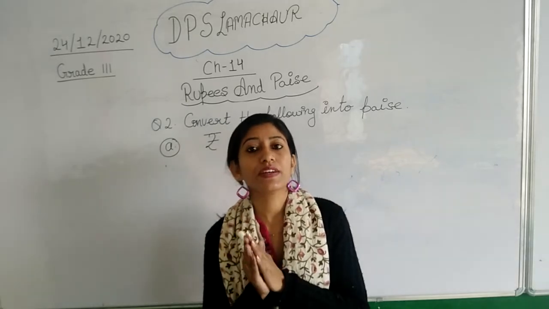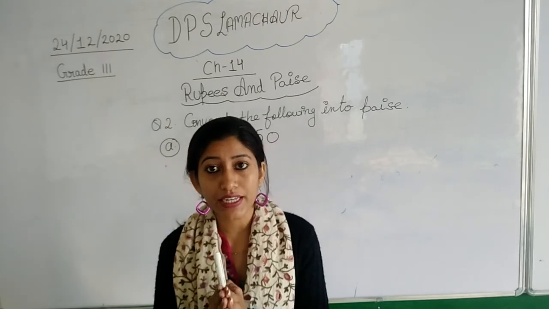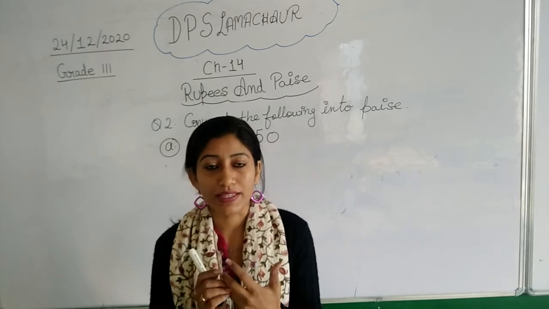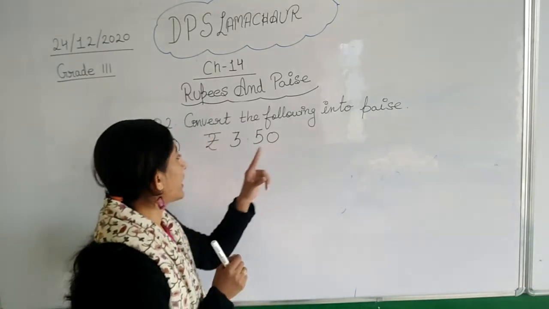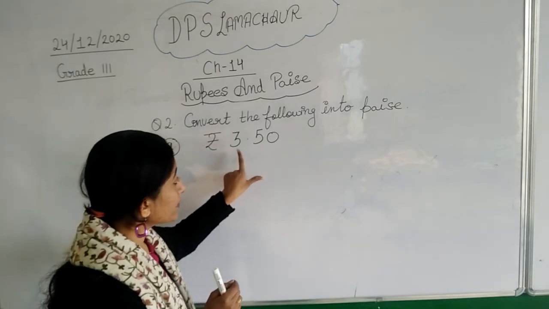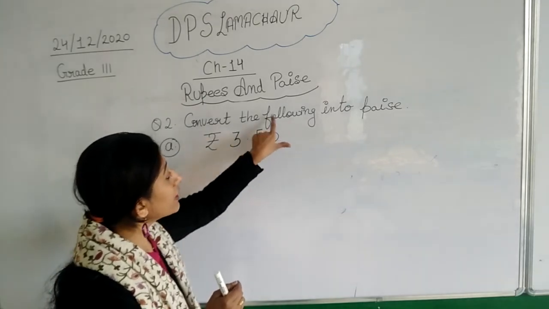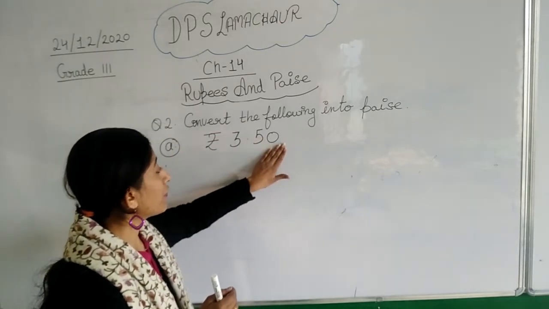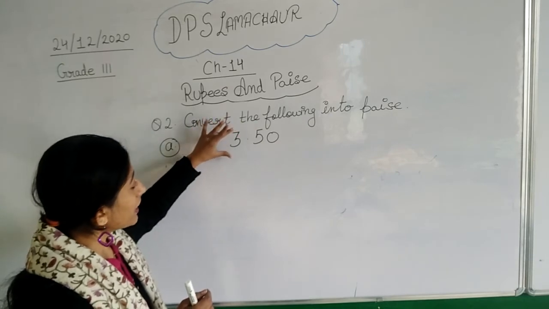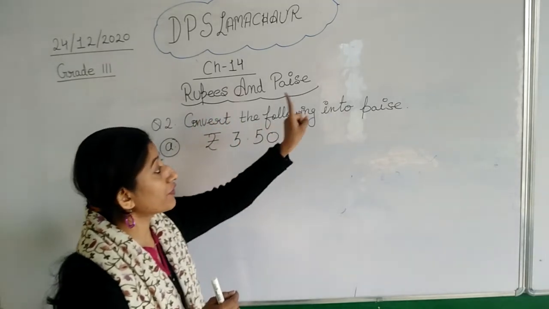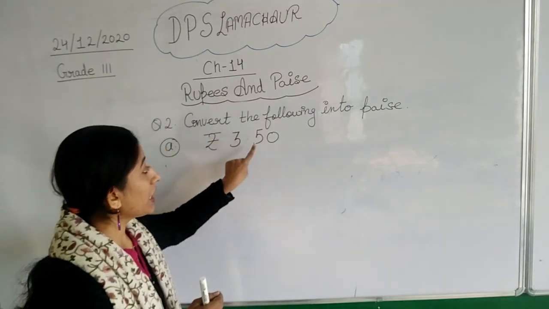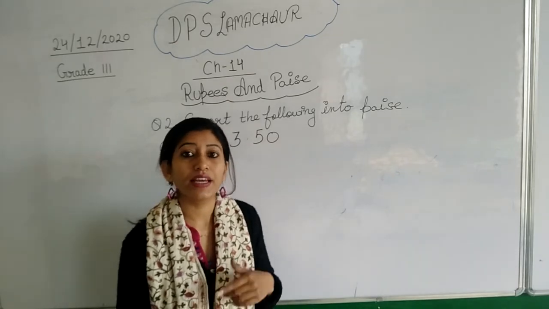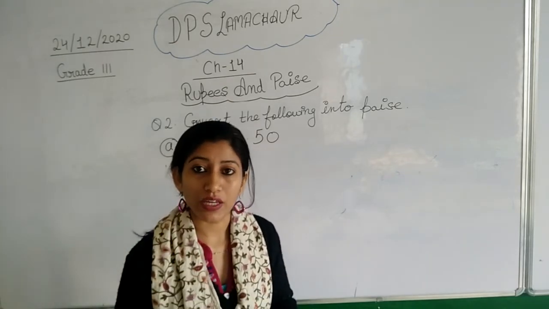Means suppose we have to convert into paise, then this unit is in rupees, but this is already given in paise. So when rupees is given but paise is also given and we have to convert into paise only, we are not going to convert the second unit. हम second unit को convert नहीं करते, हम second unit को उसके साथ लेते हुए चलते हैं.